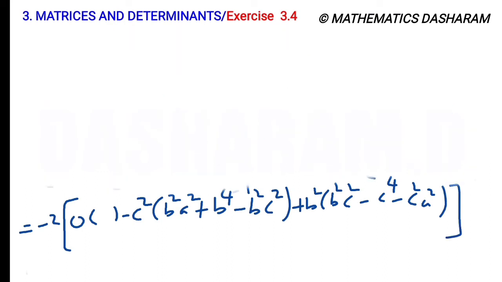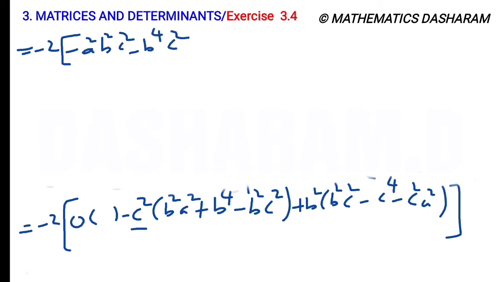Now it is equal to minus 2 into, here 0 into anything is 0. Now multiply minus c square inside. So minus a square b square c square minus c square b to the power of 4, so otherwise b to the power of 4 into c square.